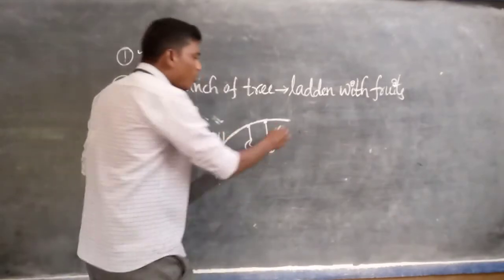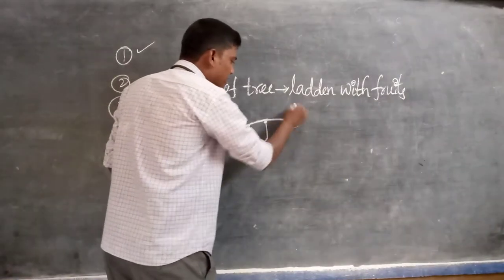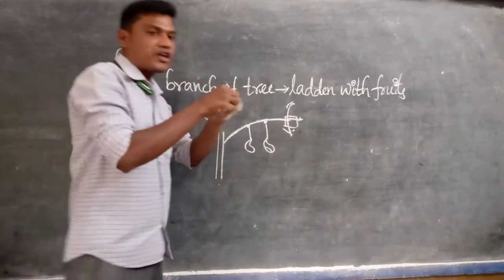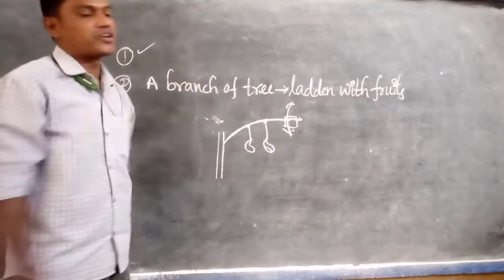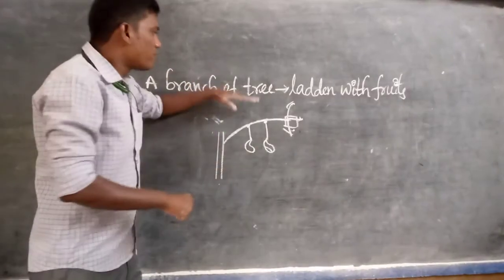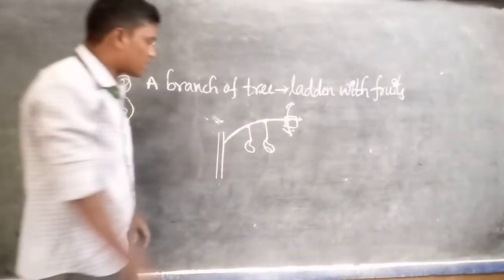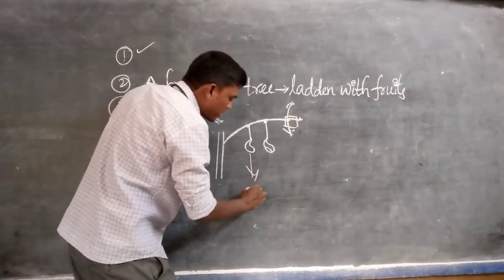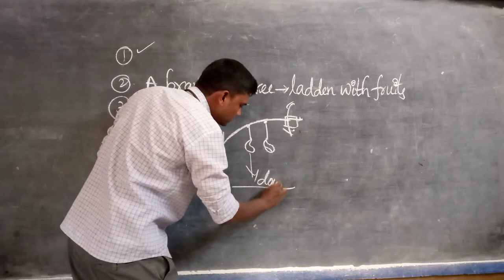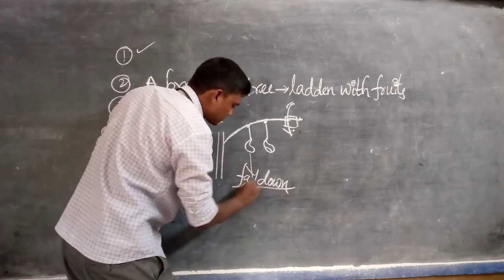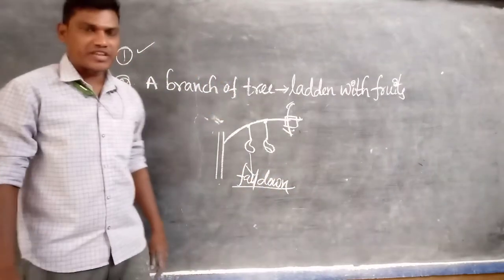Now you hold the branch of the tree and do sudden shaking. Due to the sudden shaking of the branch laden with fruits, you observe that most of the fruits will fall down. Is it correct or not? Listen very carefully.